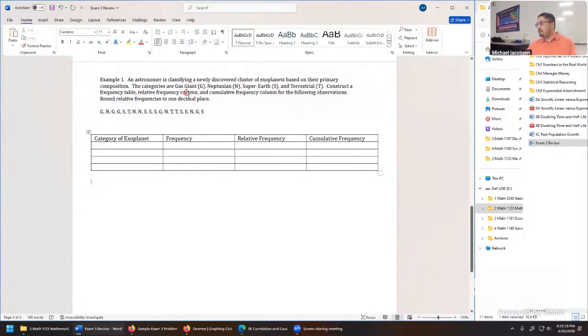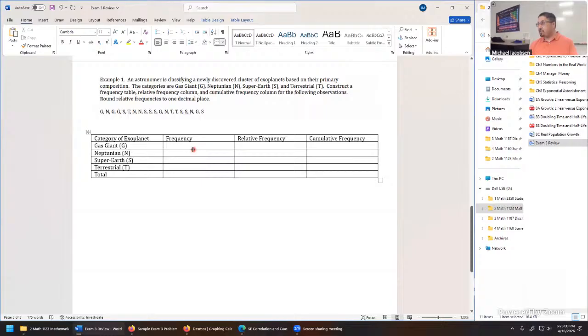There's going to be, in this particular problem, gas giant, Neptunian, super Earth, meaning they found an exoplanet that's rocky but just gigantic. That one's S. Terrestrial, T, and I just want another row for total. So this is so far what it would look like. And beyond this, we're going to be filling in the inside of the table.